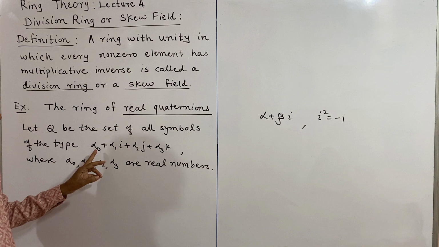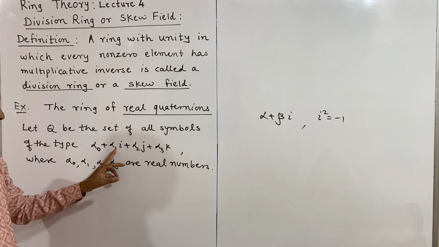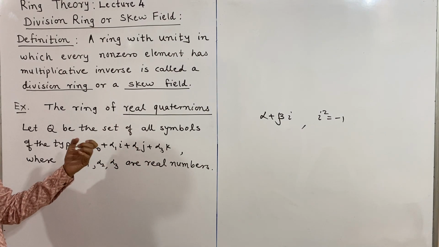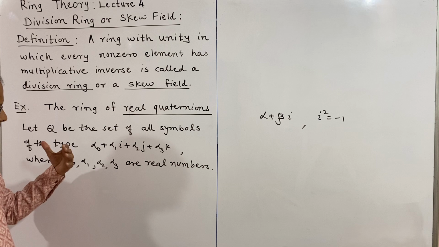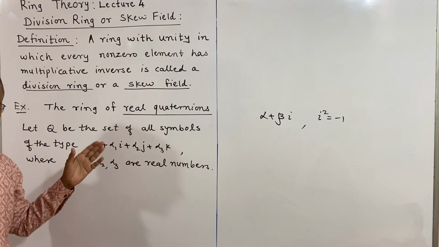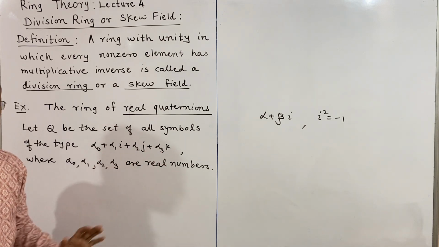Alpha naught is the real part only, and alpha 1, alpha 2, alpha 3 are the imaginary parts. We will define addition and multiplication of these numbers, and the multiplication of i, j, k will be defined specially.